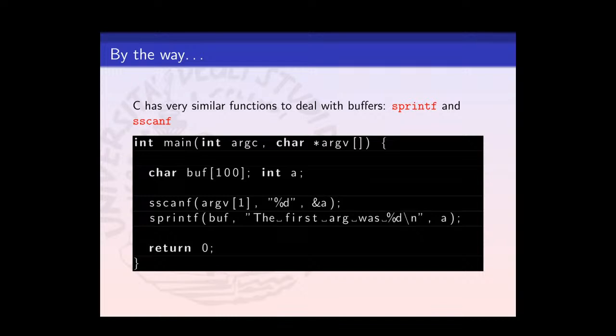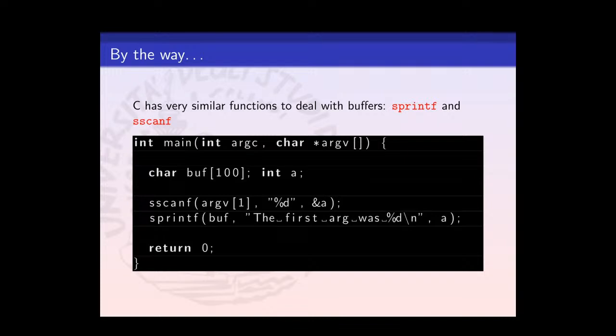If you want to read data from a string which is stored in memory, either in an array or somewhere else, or if you want to write a string in an array, so into memory, you may use sscanf and sprintf. These two functions are meant to read formatted data from memory and write formatted data into memory.